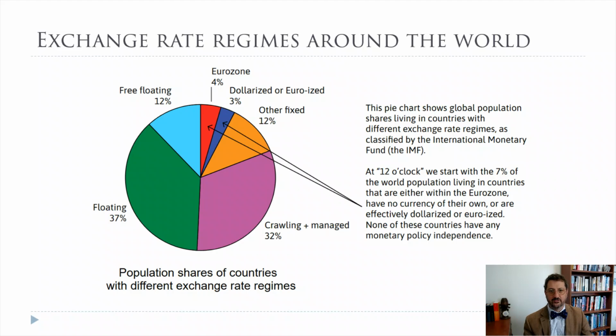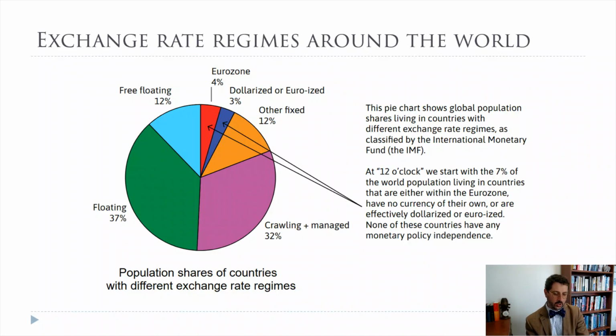Then we have 12% in other fixed, meaning that they have their own currency, but it's fixed against either one other currency or a group of other currencies. Then we get into the quasi-fixed world of crawling and managed. A crawling peg currency is one where it's fixed at a value, but allowed to change within a certain amount, right?